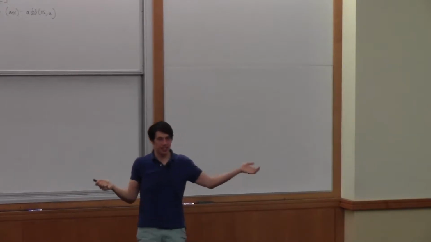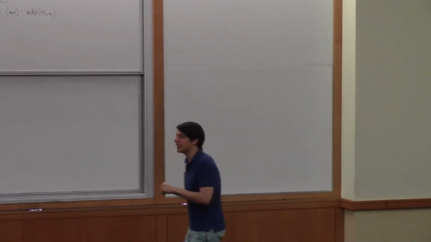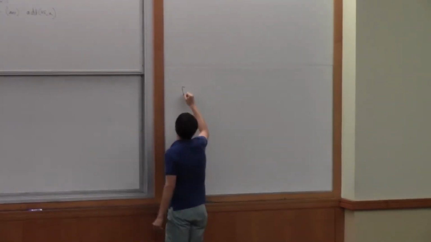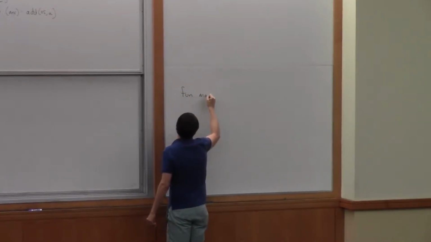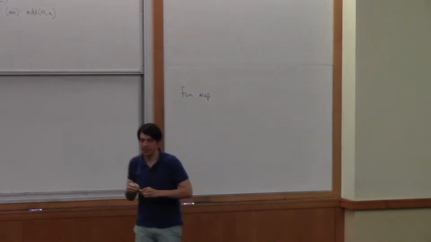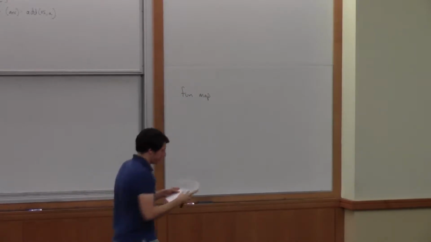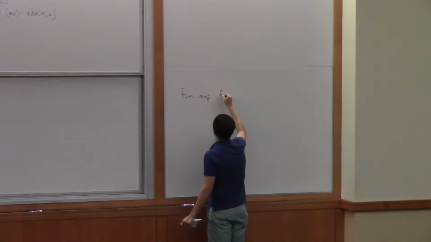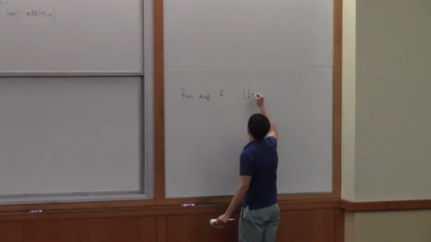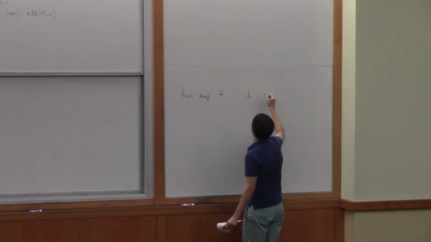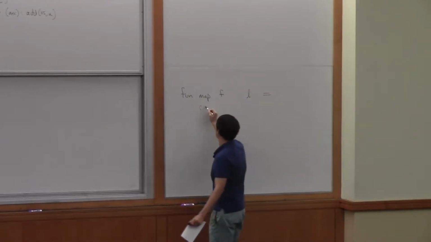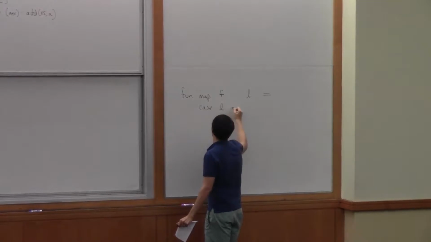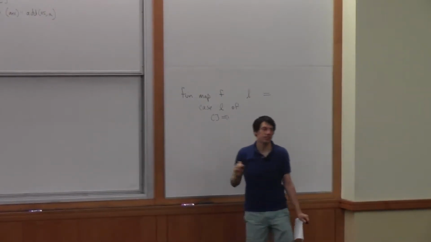Well, what are these both an instance of? Map. So there's a function called map, and the idea is that it's going to be a higher order function, which will take a function and L, which is our list like above, and if L is the empty list, then what's the answer?